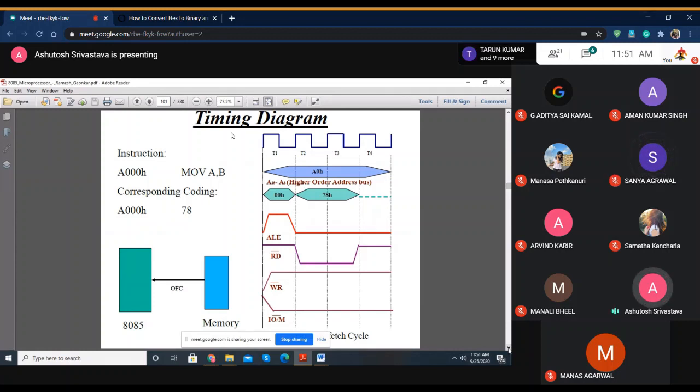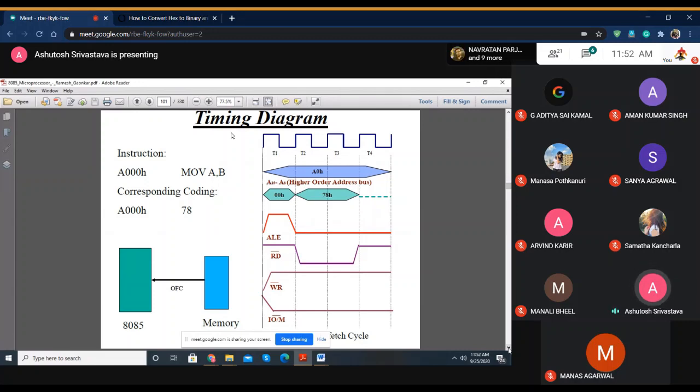So remember, we talked about first identification of the address, and the address in your 8085 is of 16-bit, while the data is only of 8 bits.